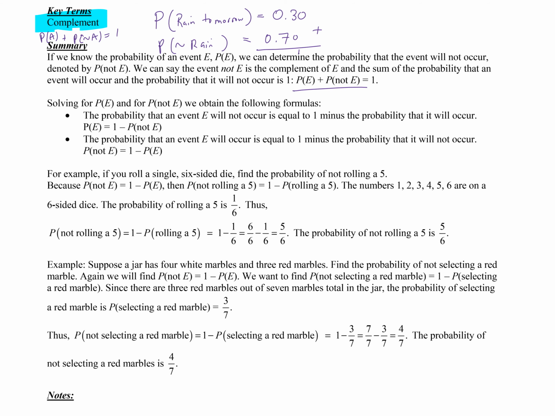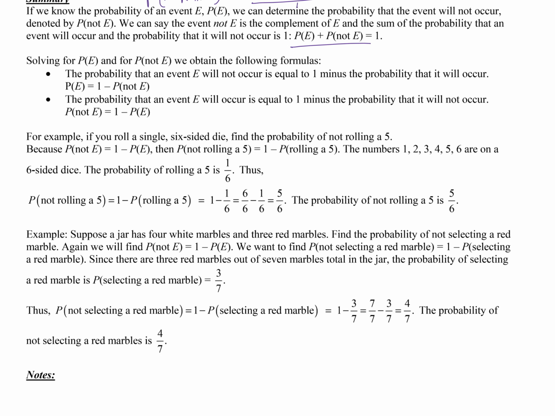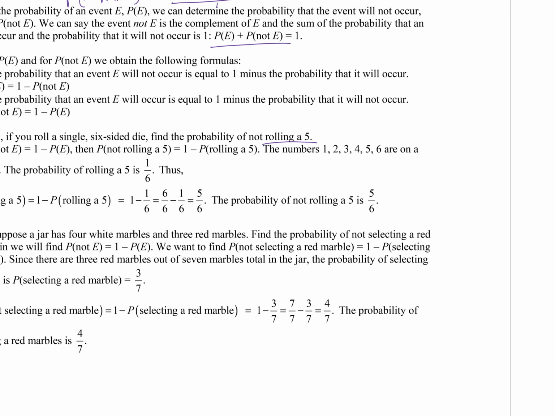So let's continue. For example, it says here, if you roll a single 6-sided die, find the probability of not getting a 5. Well, you could do this. You can say not a 5 is 1, 2, 3, 4, 6. There's 5 numbers out of 6 that are not 5, so the answer is 5 out of 6. Or you could have done it this way.